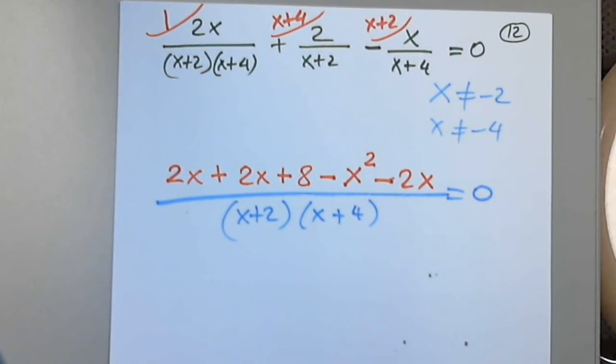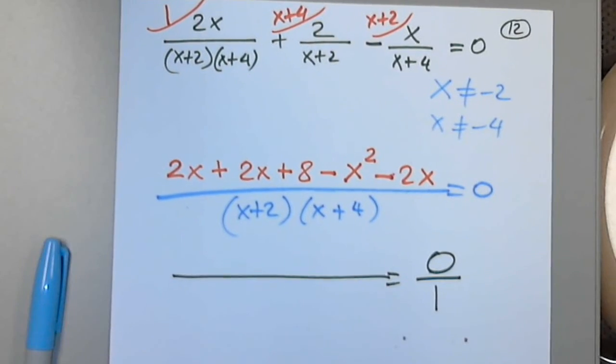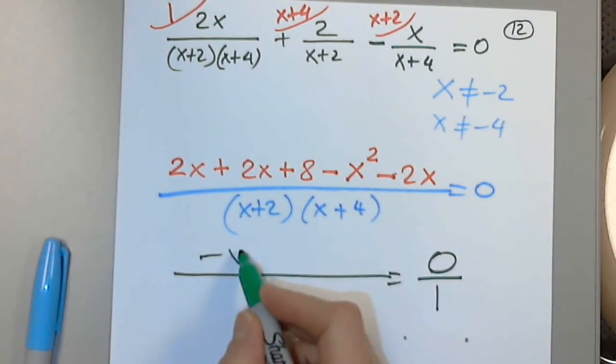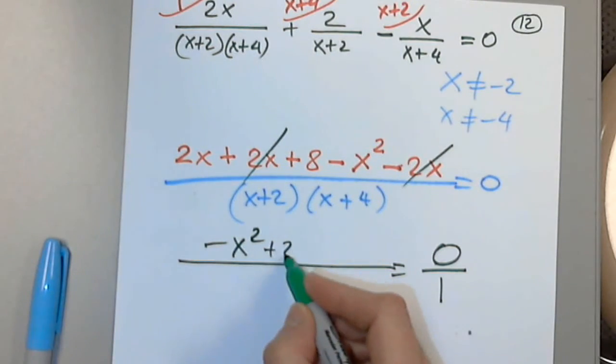Combine like terms. Awesome. So in descending order, please give me -x squared plus 2x plus 8.